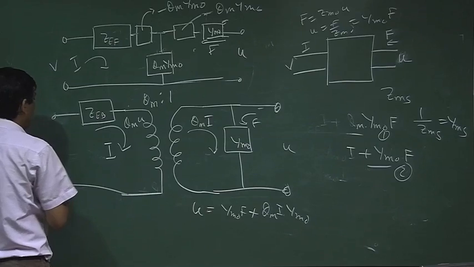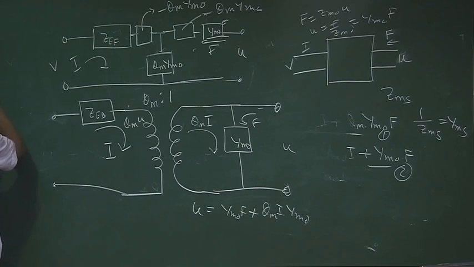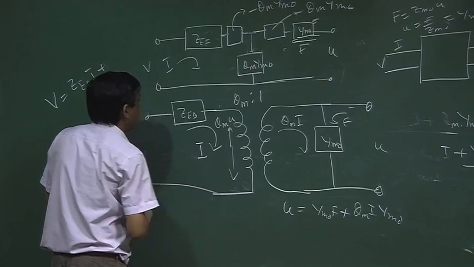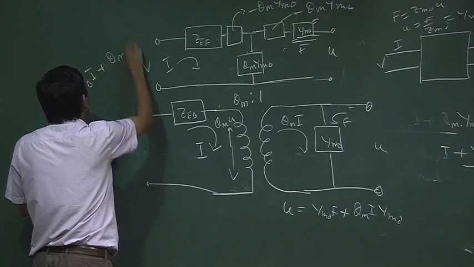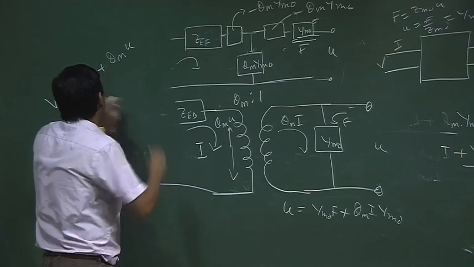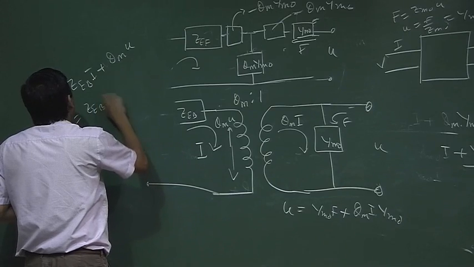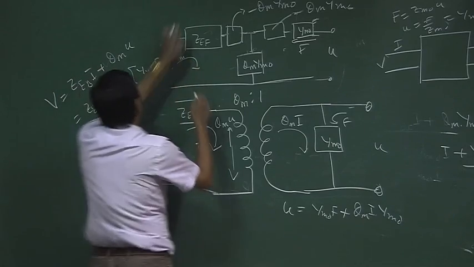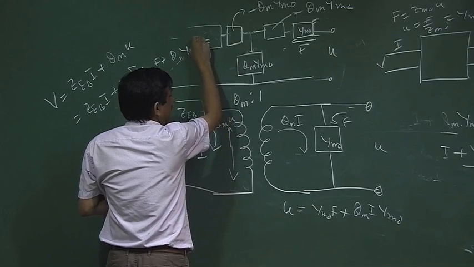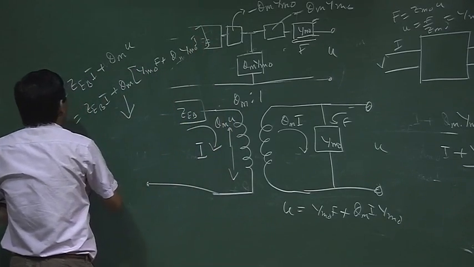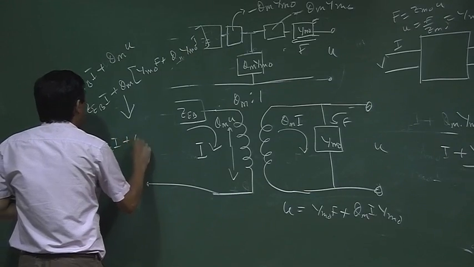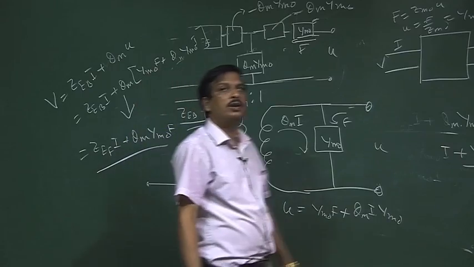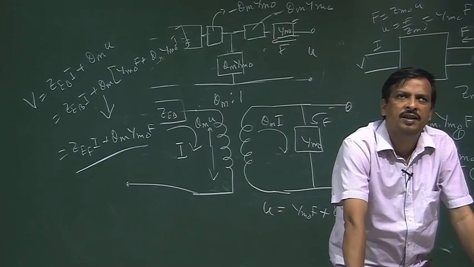Similarly, here V is equal to ZDB into I plus phi m into U. Now, again like the reciprocal, put V is equal to ZDB into I plus phi m into YMO F plus phi m YMO I. Now, if I simplify this, you will get ZEF into I plus phi m YMO F. The reciprocal equation will come. So, I can easily draw the equivalent electrical circuit of that.